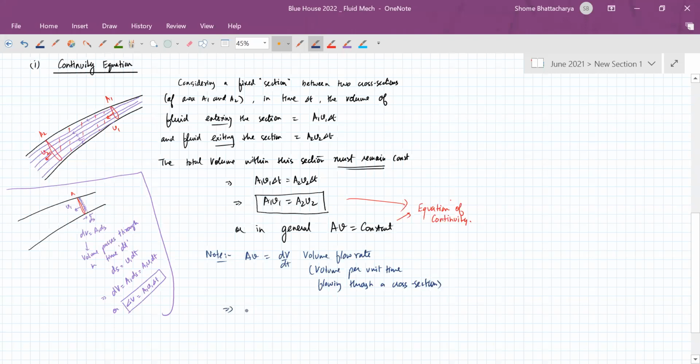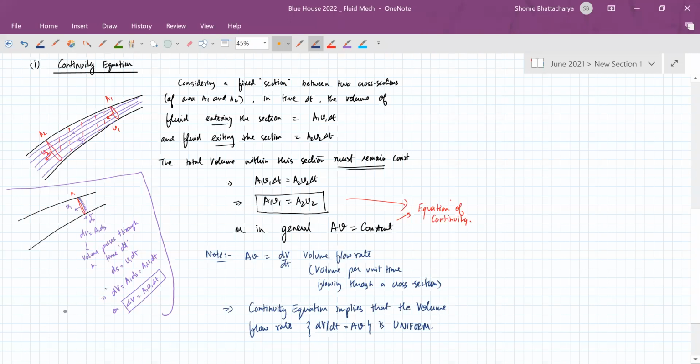This implies basically that the meaning of the statement of continuity equation implies that the volume flow rate, that is a product of area of cross section into speed at any of the cross sections, is uniform, and it has to be uniform because of the nature of streamline motion, that the liquid is incompressible and the motion is steady, or it is non-turbulent and irrotational.